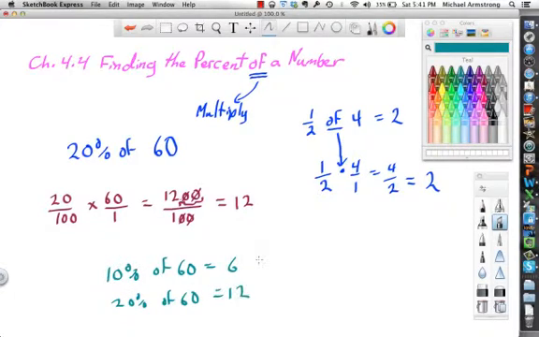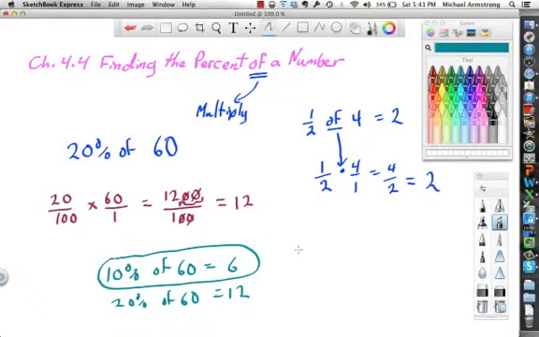So it would be $12, and we can see that that matches. 10% of 60 is 6, so 20% is twice that much. It's 12. A great way to check. It's actually a great way to do percentages. If you can find a way to do it using tens or multiples of tens or even half of 10, you can figure out all kinds of ways to do percentages of things just by knowing how to do 10%.